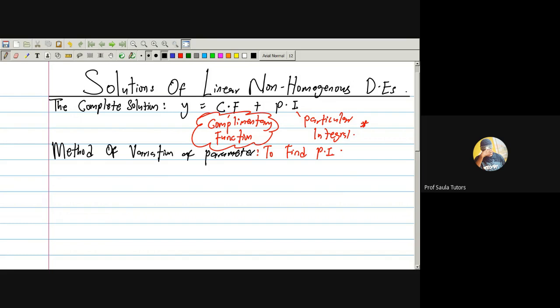Let me say after solving, I got my complementary function to be equal to C1y1 + C2y2. You see, this y1 and y2 are the solutions of your differential equation.